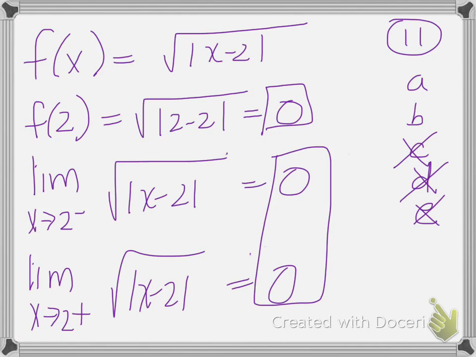Well, is this function continuous? Yes, it is. So it's continuous, but not differentiable, or is it differentiable? Well, it's definitely continuous, so therefore the answer is going to have to be A.